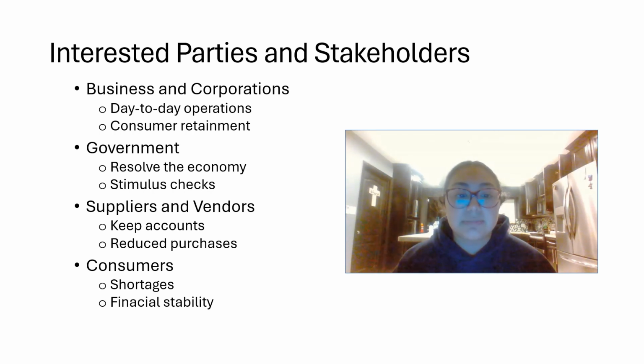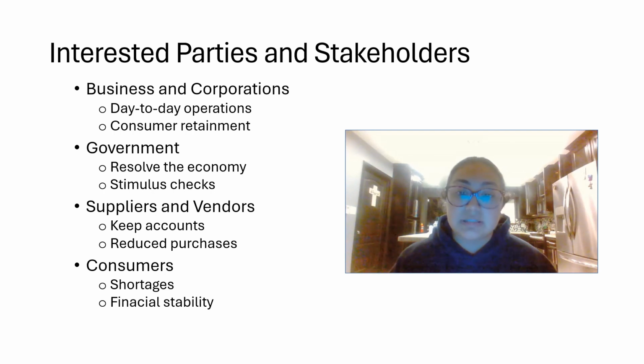Next is going to be suppliers and vendors. So they were mainly affected in the sense that they struggled to keep accounts. So as suppliers and as vendors, right, the supply chain management issue mainly had to do with them because they were losing accounts because people weren't making as much money.